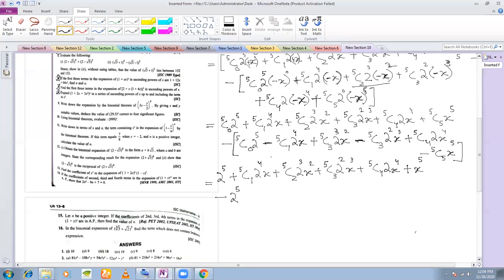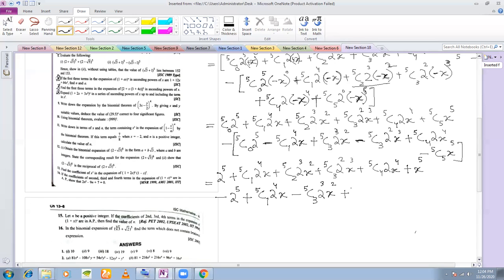For the next term, since we open the bracket, this becomes a plus sign. 5c1 2 to the power of 4x. Again the plus sign becomes a minus sign. 5c2 2 cube x square.